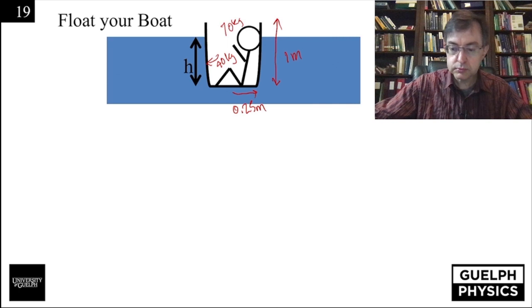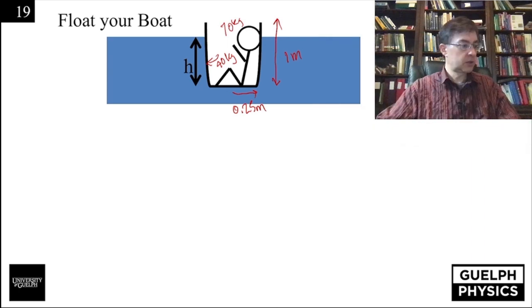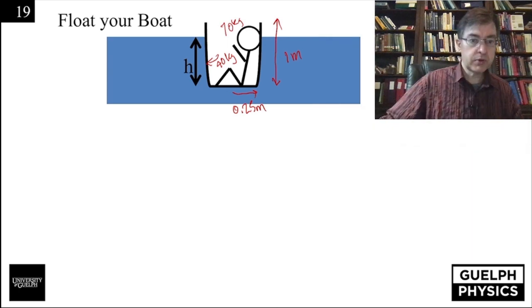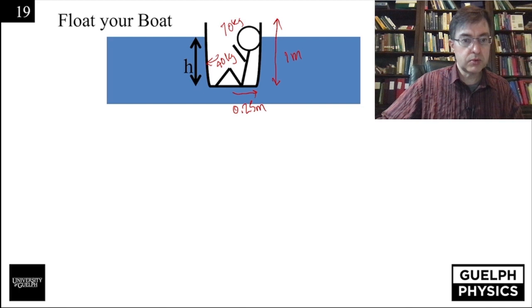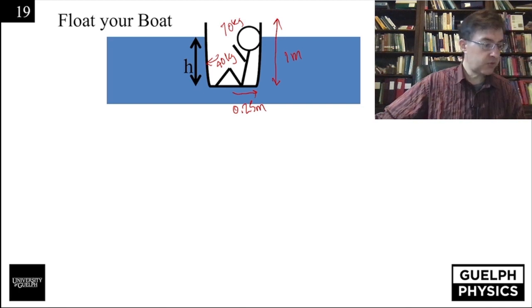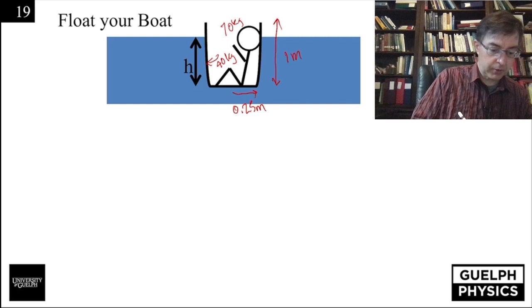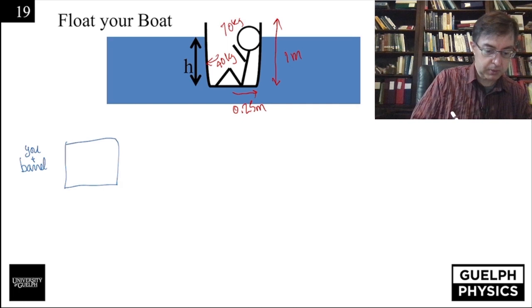Okay. So, the first way to do this is to draw a free body diagram of the barrel. Okay, so there's you in the barrel. I'll just draw it as a block.